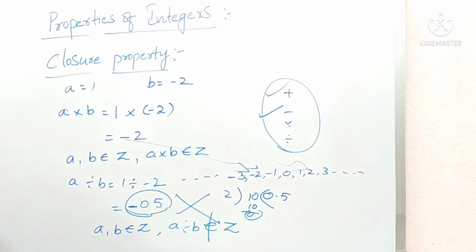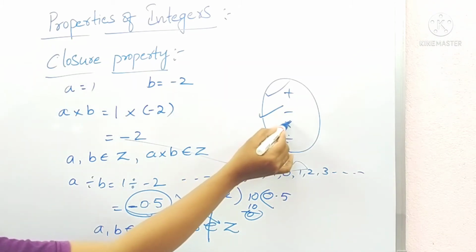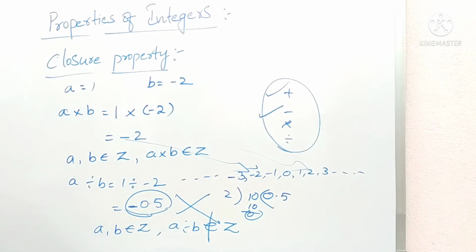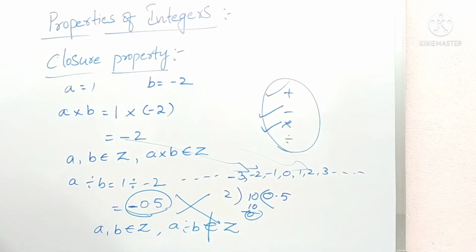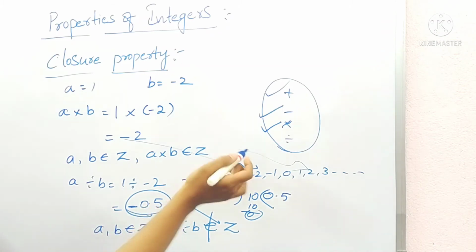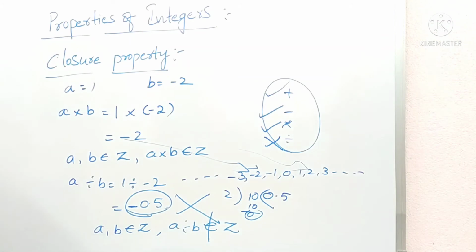So we can tell integers are closed under subtraction. In the same way, the product of two integers is also an integer, so integers are closed under multiplication also. But coming to division, integers are not closed under division. Okay, this is our closure property. Next we will see the commutative property.